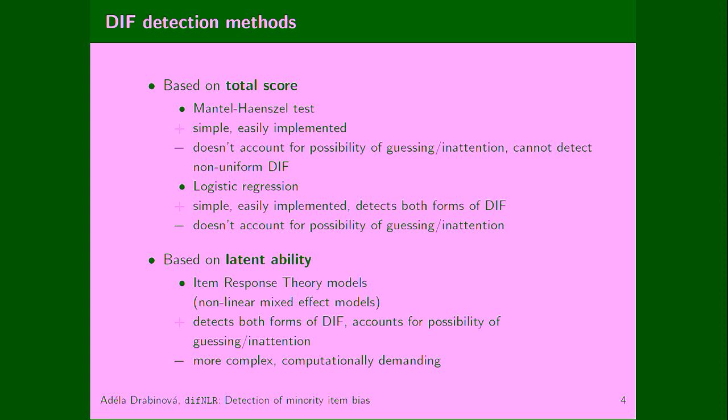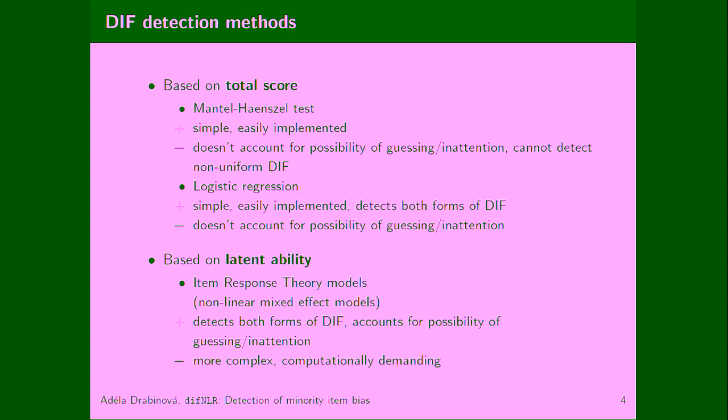Technically speaking, these are nonlinear mixed effect models. They can detect both forms of DIF and account for guessing or inattention, but unfortunately, they are more complex and very computationally demanding, meaning that you need, for example, 500 people in one group to be able to fit the model.